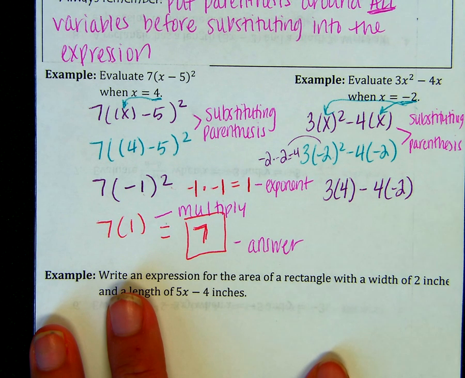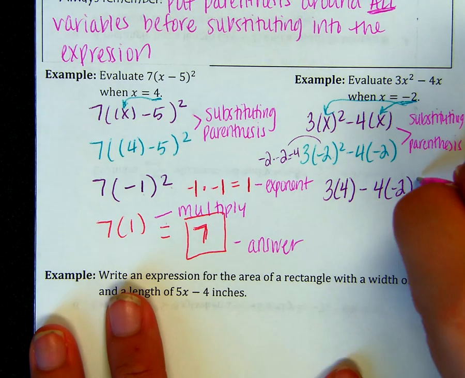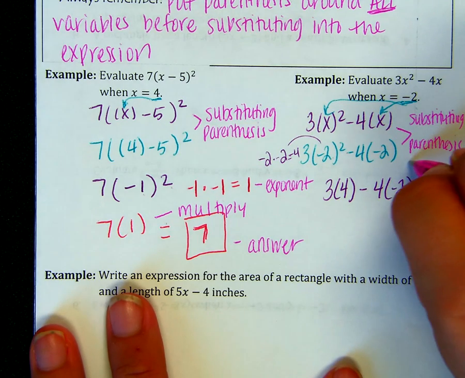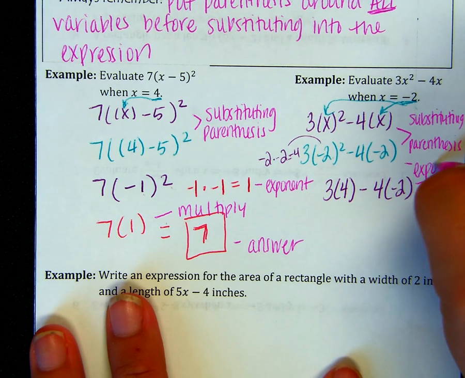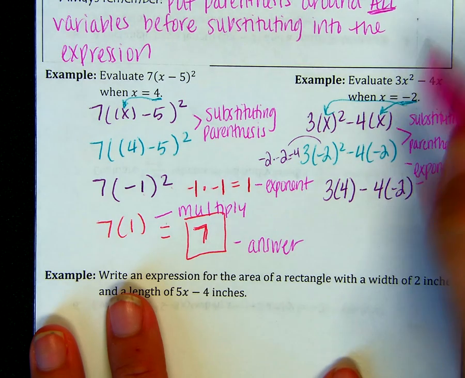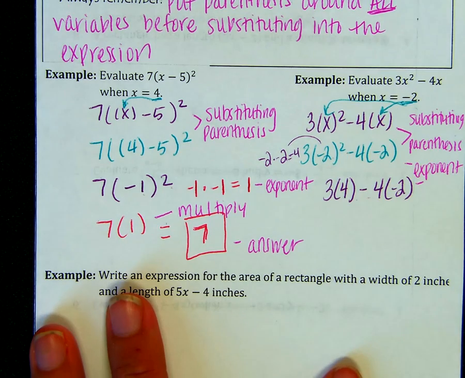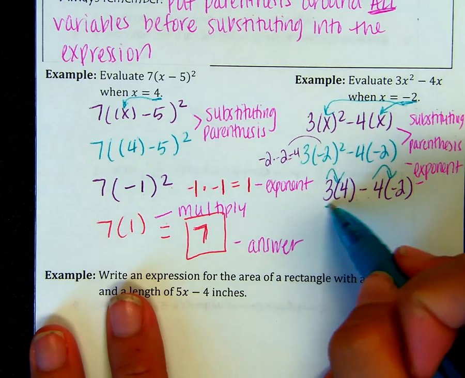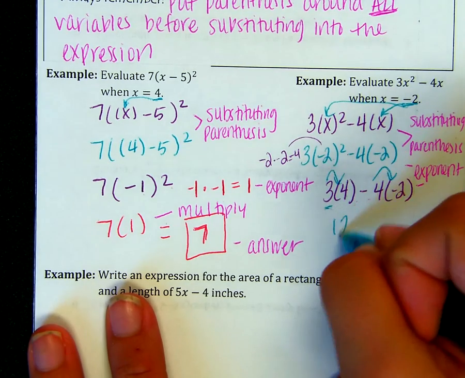So this is where we did our exponents. Actually, I would say exponents is here. And then remember, parentheses, this is just like the distributive property. So you have parentheses, so you distribute. You got 3 times 4, which is 12.